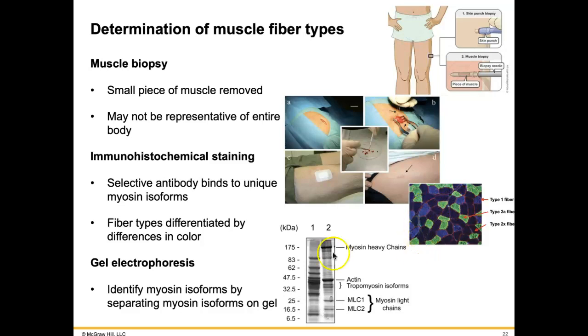And we've also done gel electrophoresis, where we are able to run the proteins through a piece of gel, which you don't see the whole gel over here. And essentially it is measuring the size of the proteins. And what we're able to see is that there were these different myosin isoforms that existed, and we can classify them based on the size of their proteins.